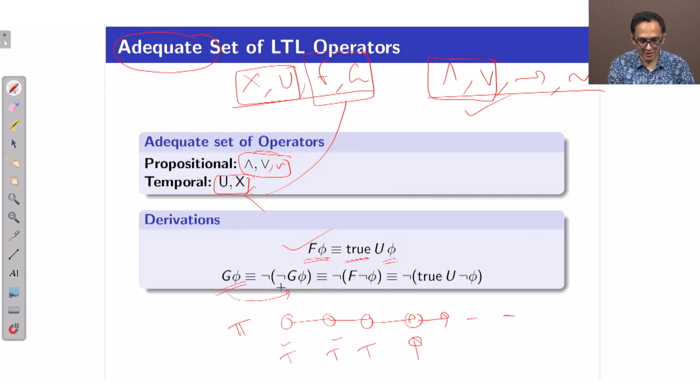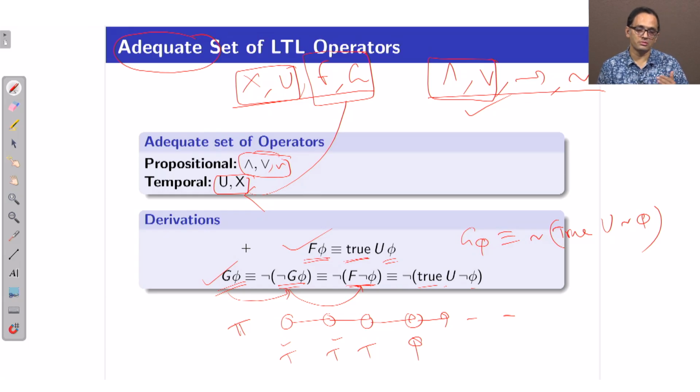Now I already know F of phi can be represented using true until, so I'll write this as true until not phi. Effectively G of phi is equivalent to not of true until not of phi. So I am able to represent both G and F using until, and X is mandatory. I cannot represent that using until or any other operator.